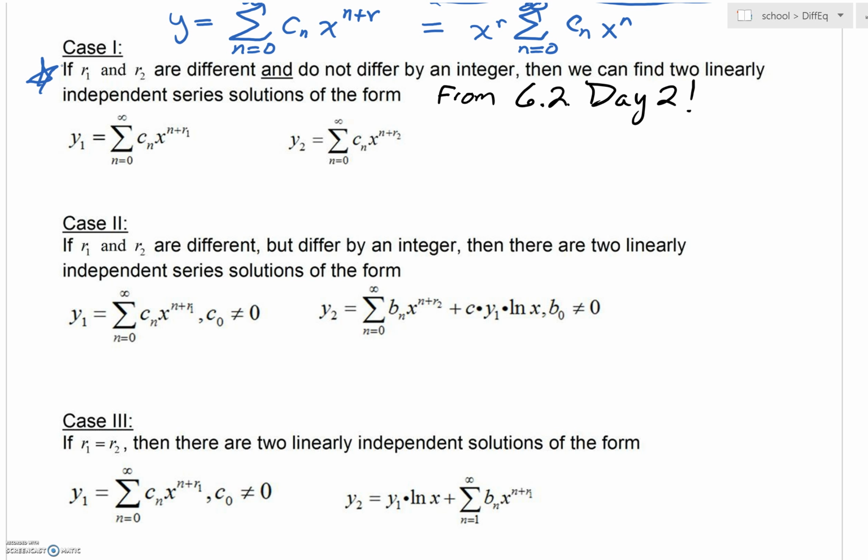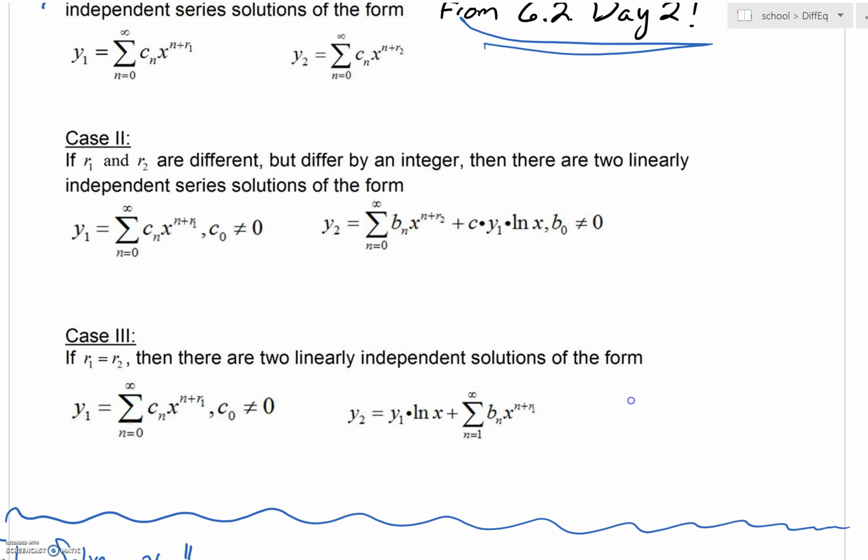Yesterday we saw that r was 0 and r was a fraction, 2/3 or 3/2, I think. When you take their difference, that's not an integer. Then you can go ahead and find your two linearly independent solutions. This is what we did yesterday. So that's all well and good.